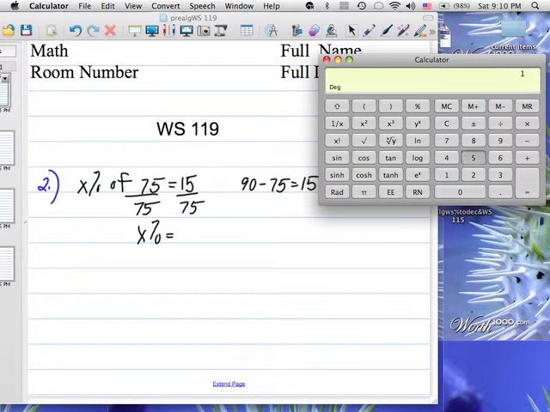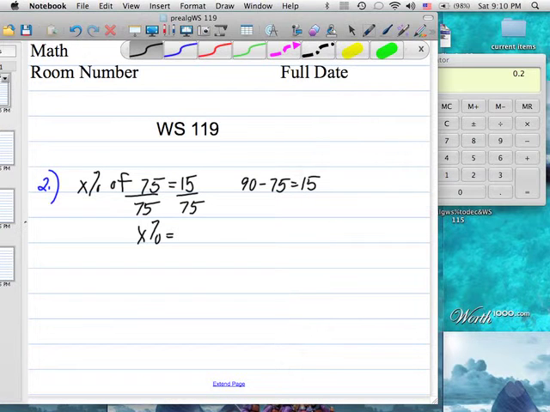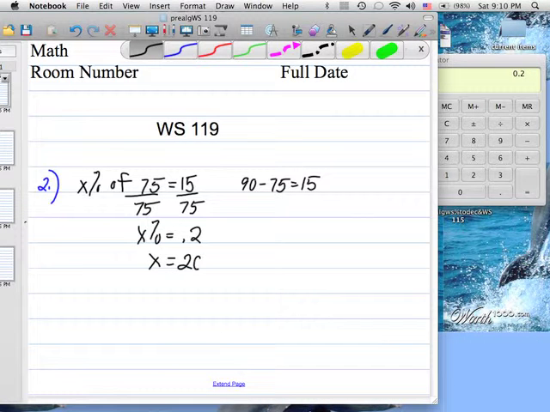So we'll just use the calculator also, and we get 0.2. 1/5 is 0.2. So the percent of increase is 20%, moving the decimal over 2 to the right.